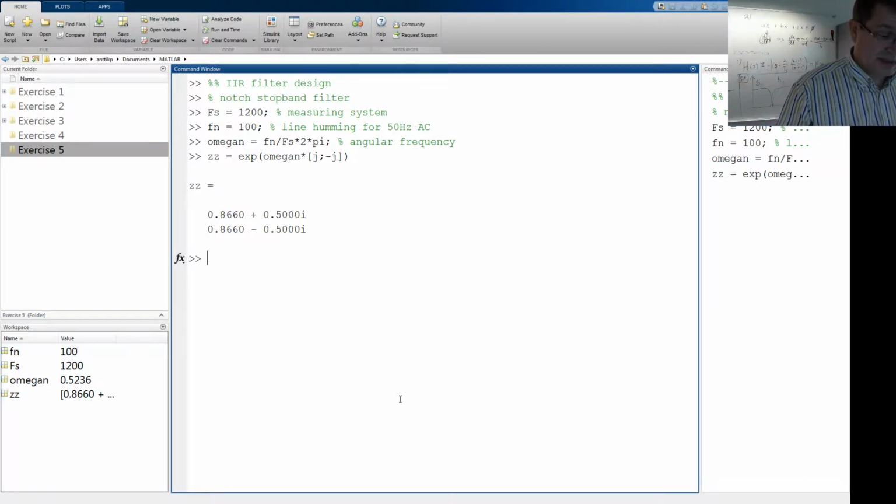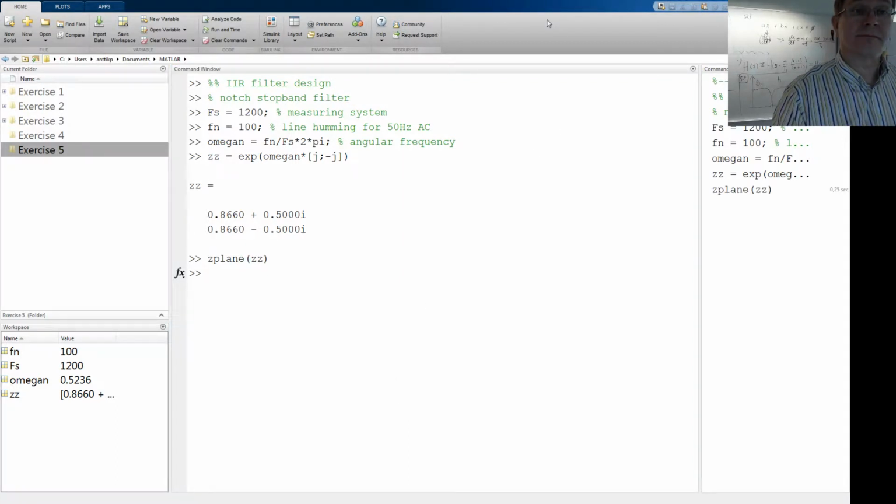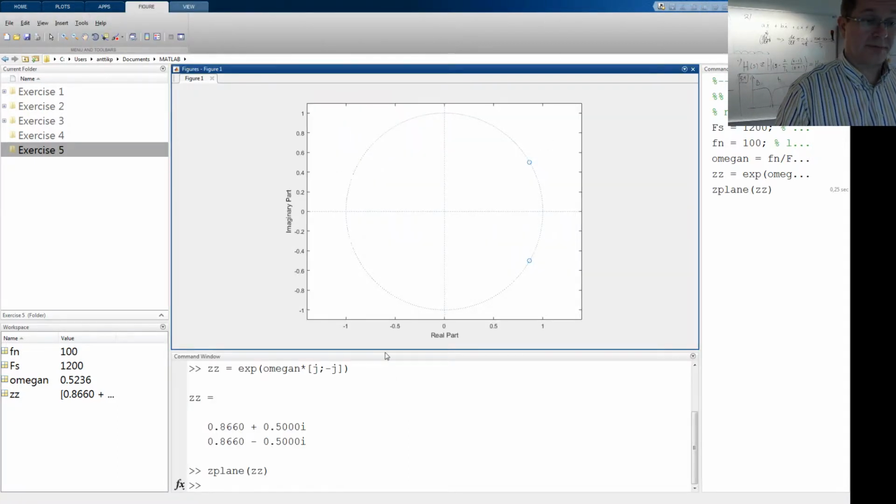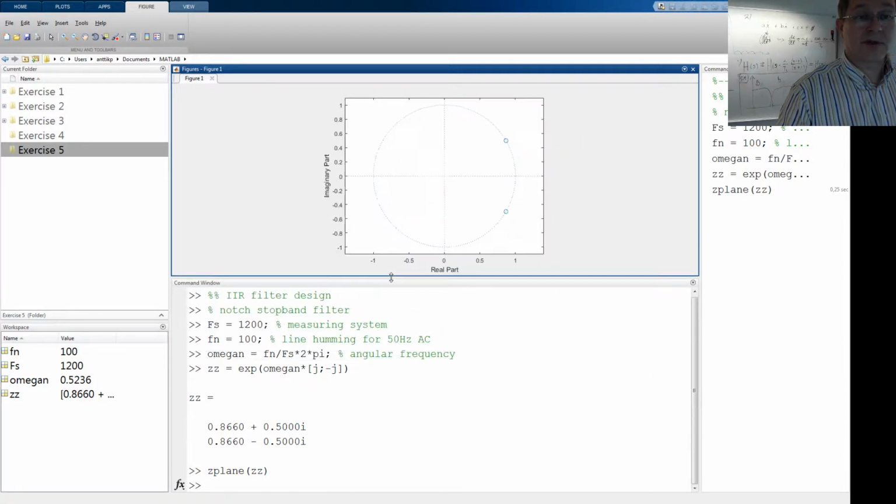So the z plane. There we go. So the 100 hertz signal is right there, I believe.